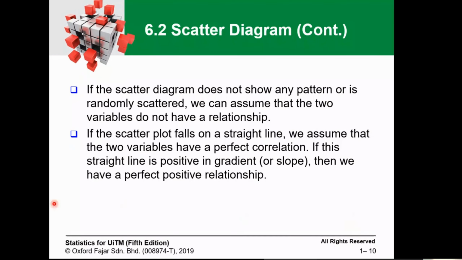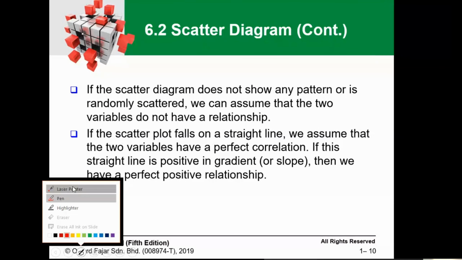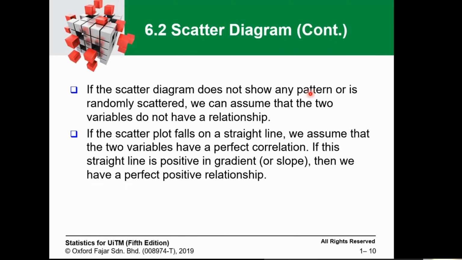We can assume that these two variables don't have a relation. When the scatter diagram doesn't show any pattern, it means they are not all moving up or down in one line, so we call it randomly scattered, and we can assume that those two variables don't have a relationship.